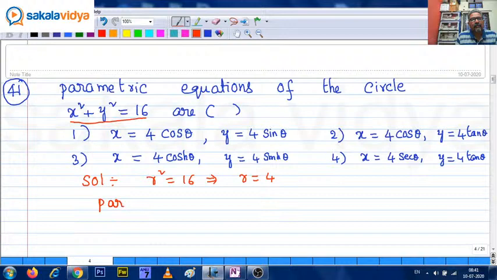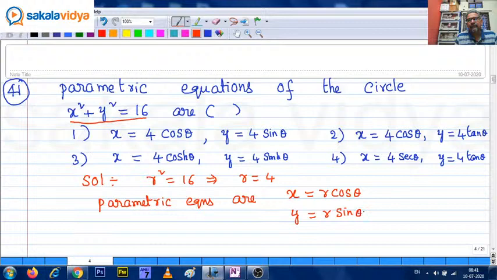Parametric equations are x is equal to r cos theta and y is equal to r sin theta. r stands for 4, so 4 cos theta, this will be 4 sin theta. Obviously option 1 is the right option.